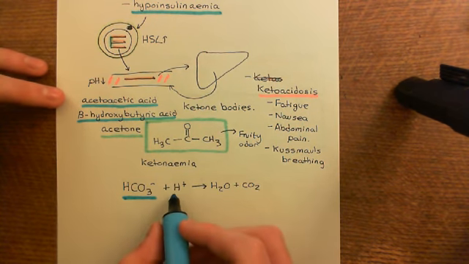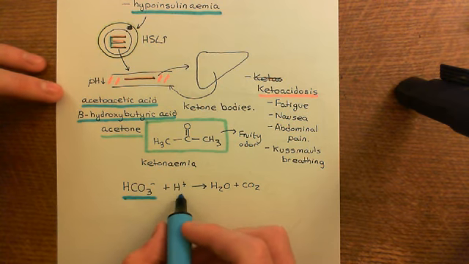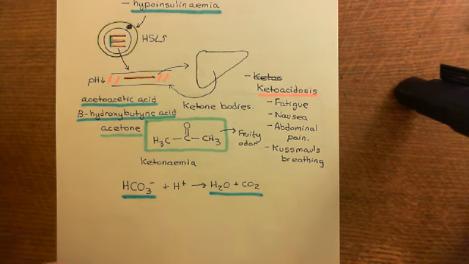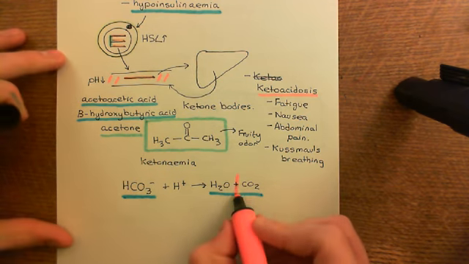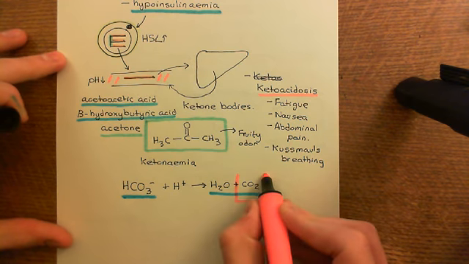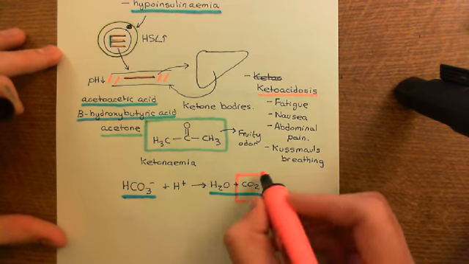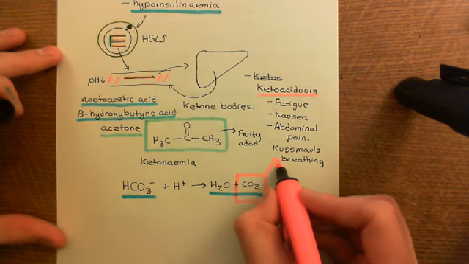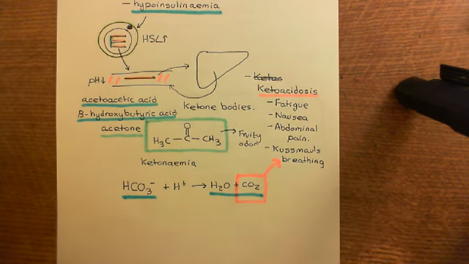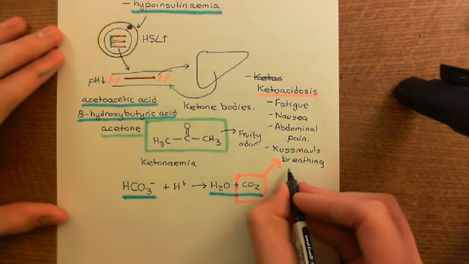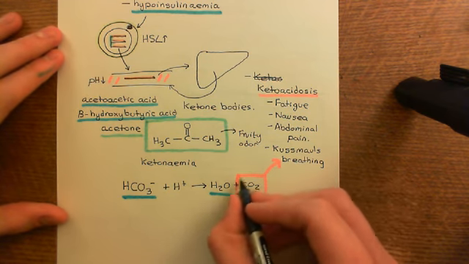The way that it does this is by reacting with the protons to form water and carbon dioxide. So now you're producing all of this carbon dioxide because of the acidosis, and this carbon dioxide has to be excreted somehow, so it's excreted by breathing very, very heavily.